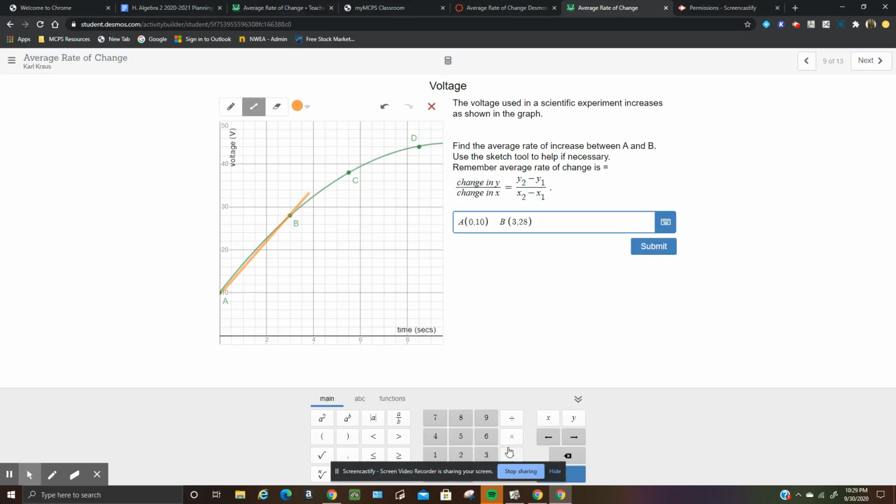So then you're doing 28 minus 10 over 3 minus 0, which is 18 over 3. And then that's 6. 6 volts per second.